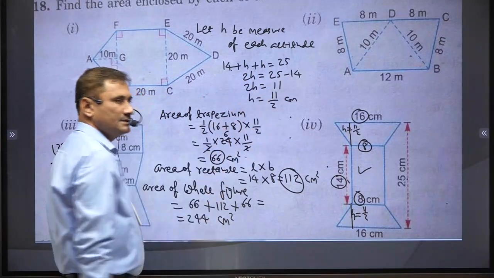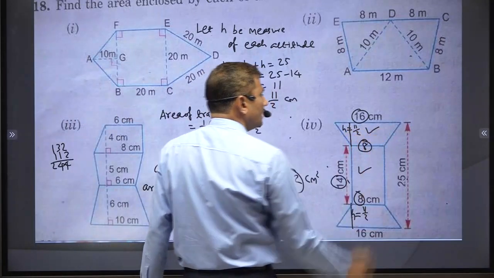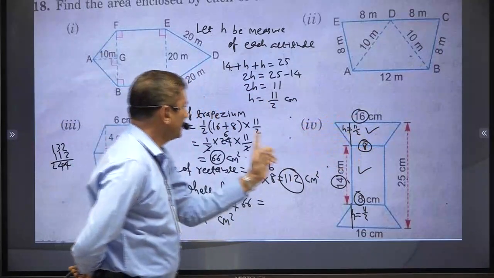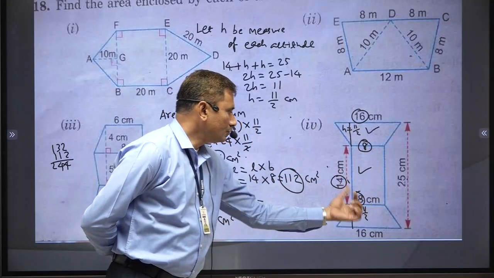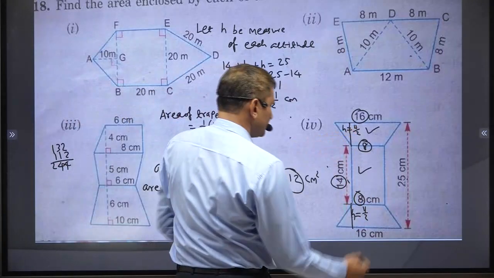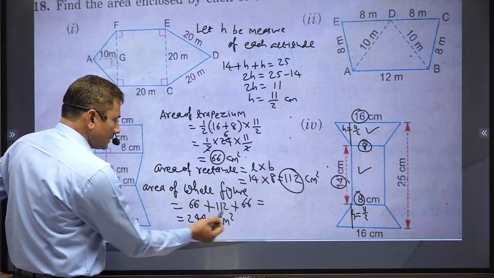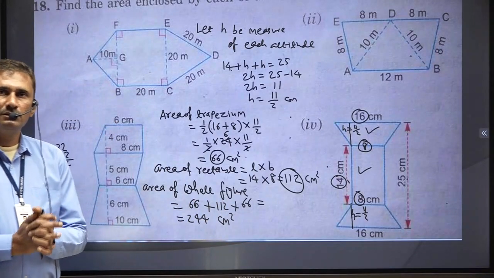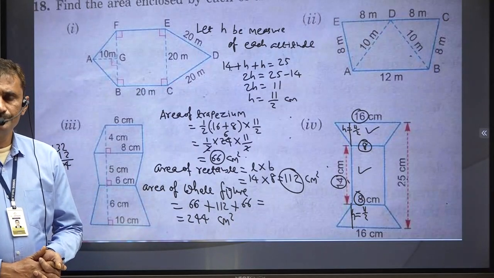So we got the altitude. Now after getting the altitude, we found the area of any one trapezium, half sum of parallel sides into altitude, simplified. Then the area of this rectangle, length into breadth, 14 into 8, 112. Now it is 66, so here also 66, both are equal. So the area of the whole figure we got that way. Okay, so now again write it down and understand also.